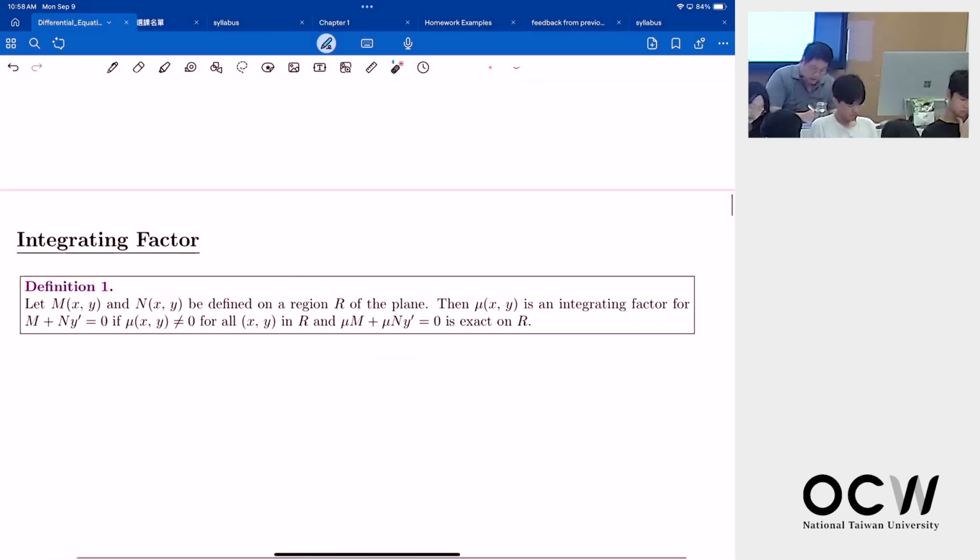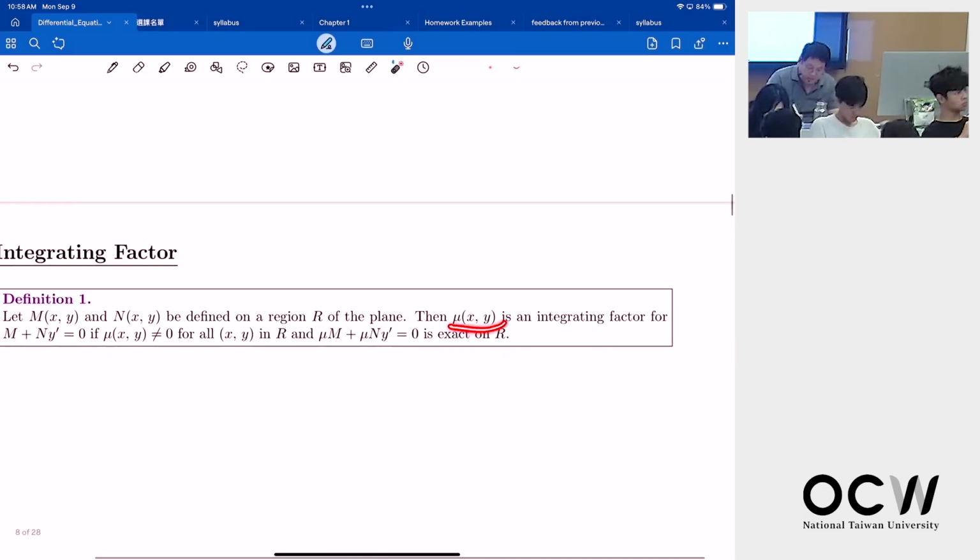I still have M function and N function. Then if it is not exact, I can make this equation exact by multiplying by this integrating factor mu. If I multiply by mu and I have a new differential equation and this is exact, then I can find the potential function, and then the potential function equals c will be your answer.